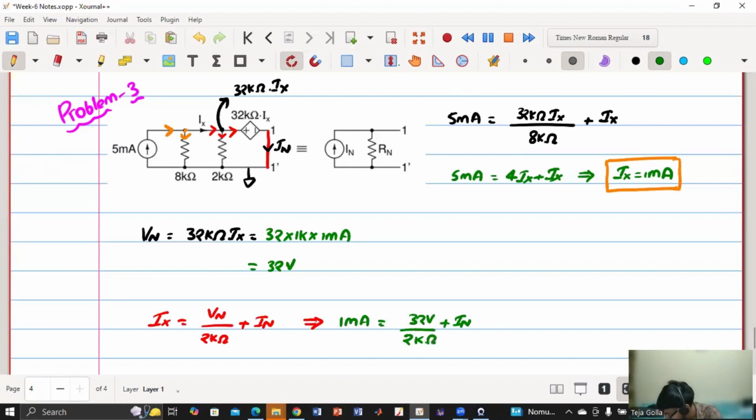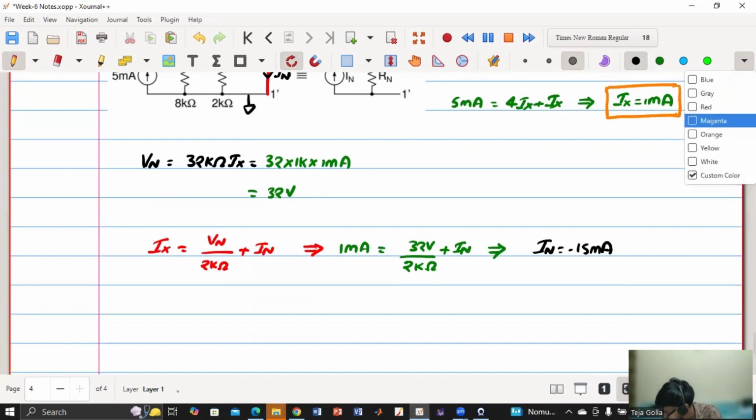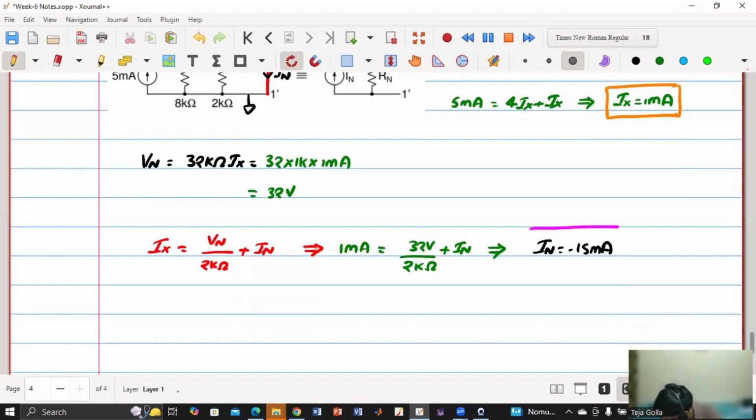So can someone tell me what will be I Norton? Simple calculation. Minus 15. Yes, minus 15 milliampere. So my I Norton is equal to minus 15 milliampere. So this is my Norton current.